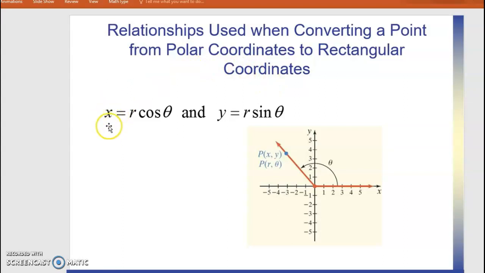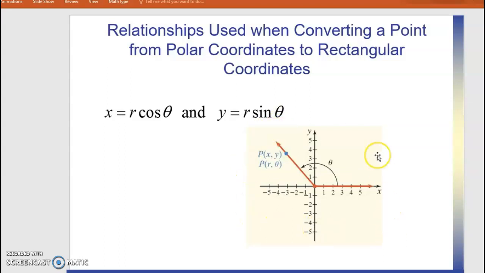The x value of your point in our rectangular coordinate system is equal to r times the cosine of the angle in our polar coordinate system. And likewise, the y value of your point in the rectangular coordinate system is equal to r times the sine of the angle in our polar system.